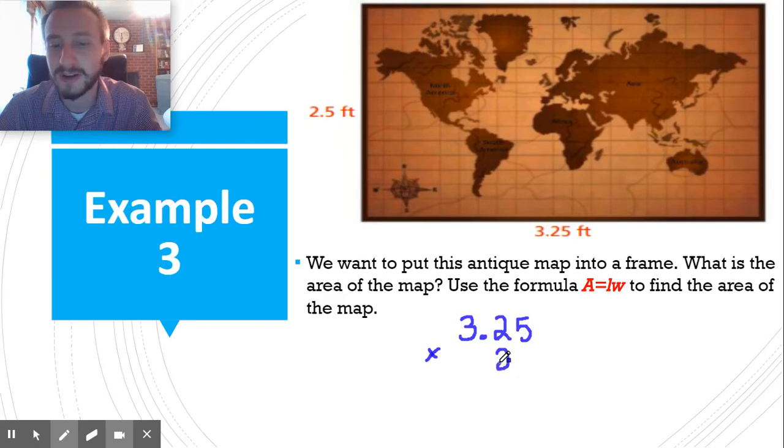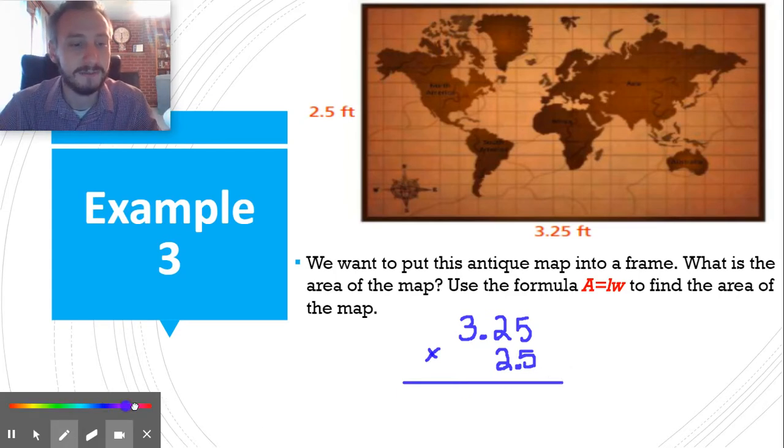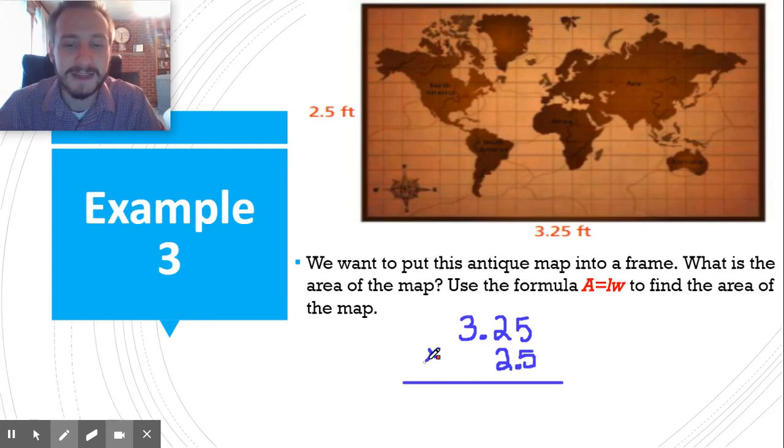I know that seems strange, but hopefully it'll make sense when we're done. So we have 3.25 times 2.5. What we want to do is just multiply like normal. Let me choose a different color. So let's start. What's 5 times 5?